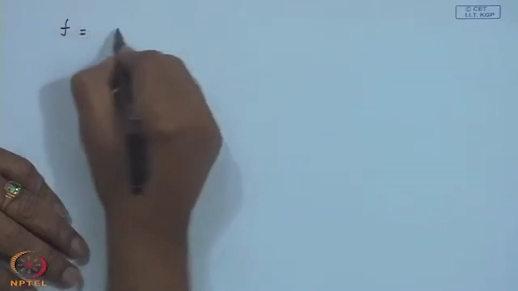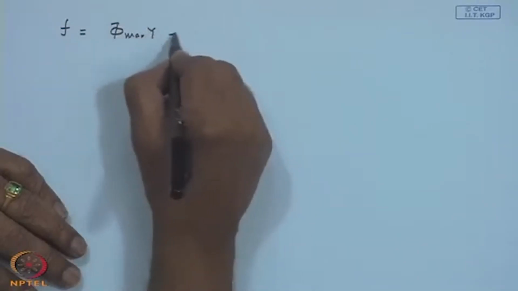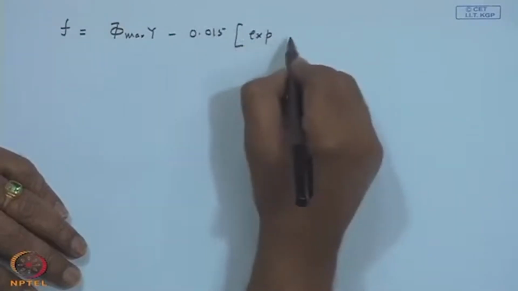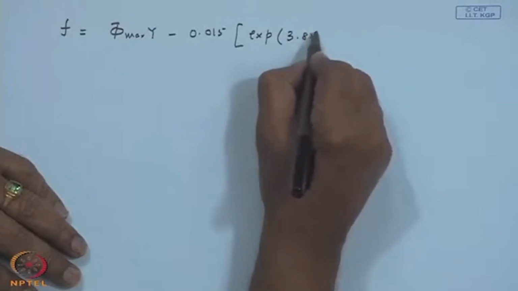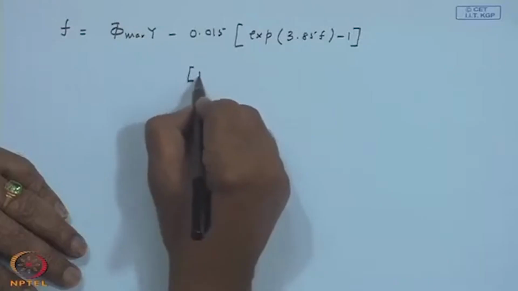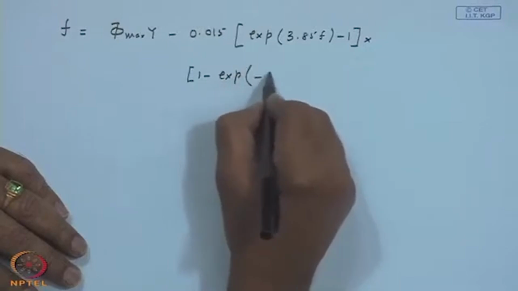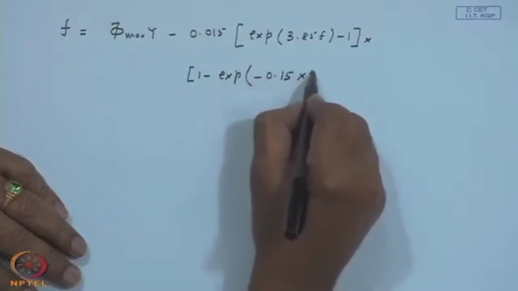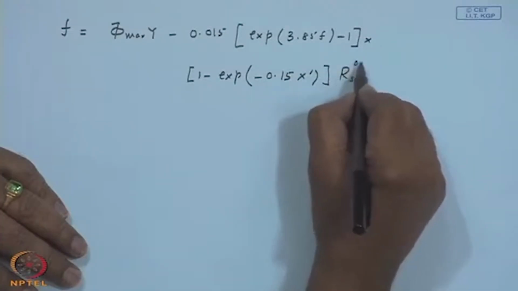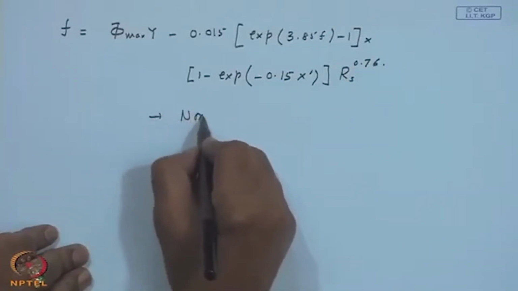F in the Fibonacci chart method is given by Fibor max y minus 0.015 exponential 3.85 f minus 1 times 1 minus exponential minus 0.15 x dashed times standard storage to actual storage ratio raised to the power 0.76. So, this takes into account the non-standard storage.